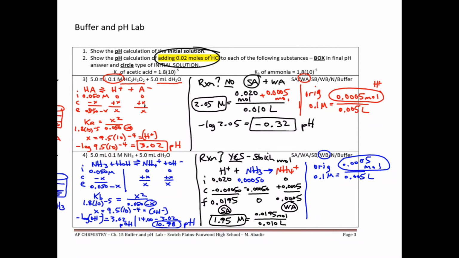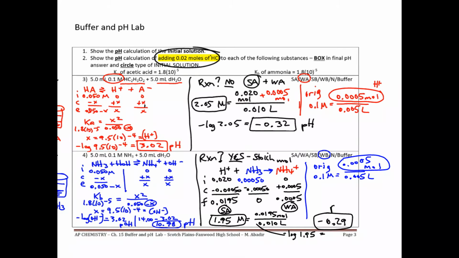And then when I take the negative log of that, I'm going to get my answer. Negative log of 1.95 is going to be negative 0.29. Negative 0.29, that's giving me my final pH.